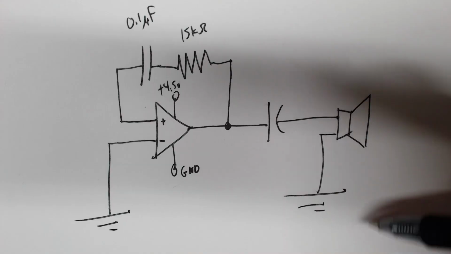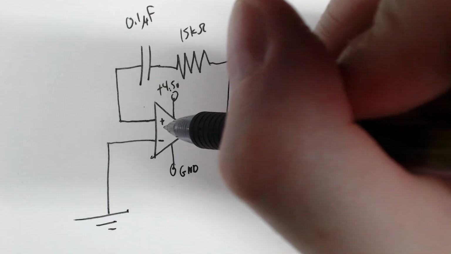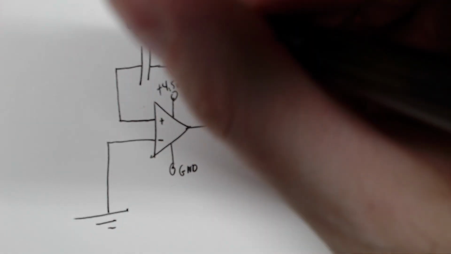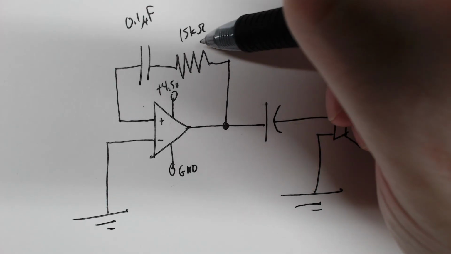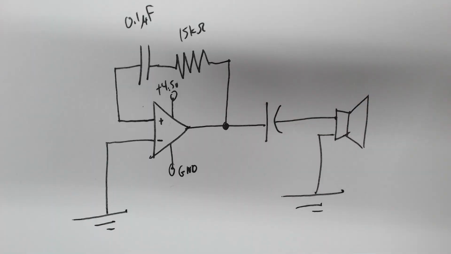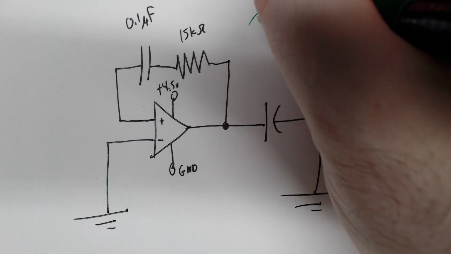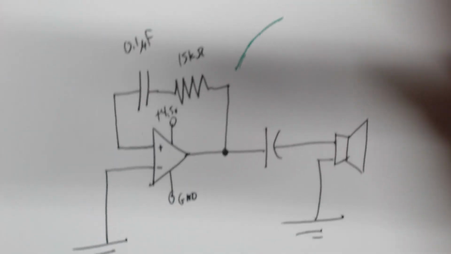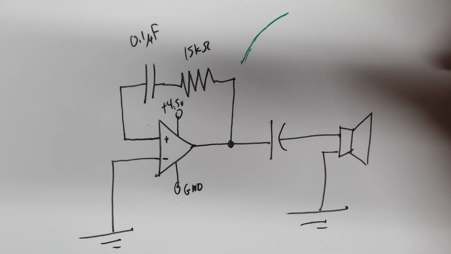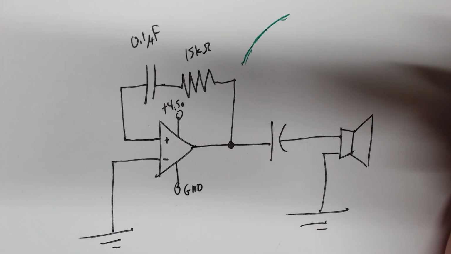That 4.5 volts, while it's going to drive this, it's also in parallel going to drive this. So we have this RC circuit here. RC stands for resistor capacitor. In this RC circuit, what's going to happen is this capacitor, just like we've seen before, is going to charge up like that. As this capacitor charges up, you can think of this almost as a resistance.